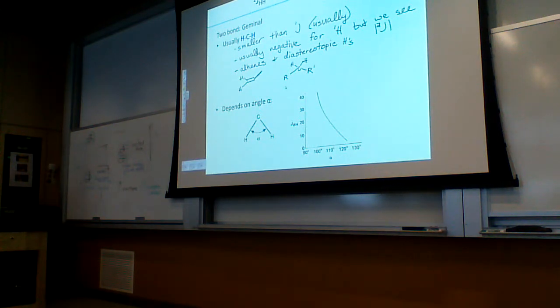For the alkenes, they're generally smaller, so we're going to see something like J 0 to 5 hertz, and also for the diastereotopic ones, we're going to see the J2 being around -9 to -15 hertz.